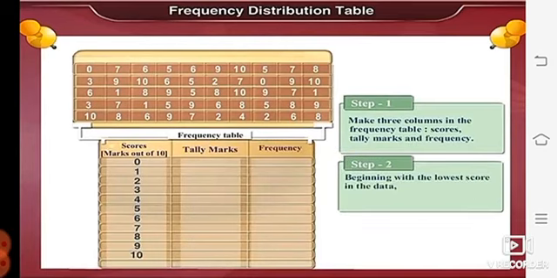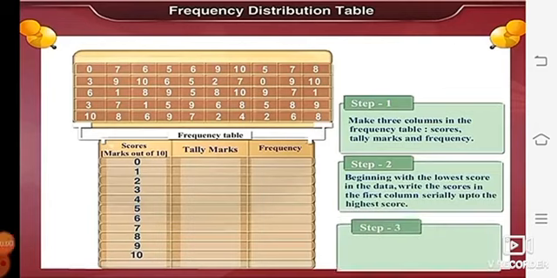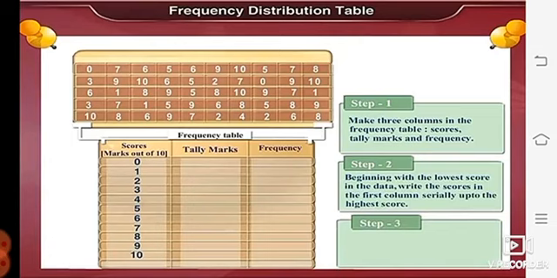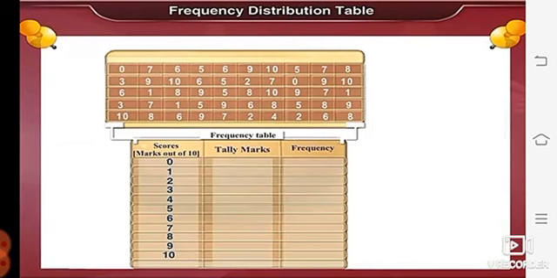Beginning with the lowest score in the data, write the scores in the first column serially up to the highest score. Now as we start reading the scores one by one, we will put a mark known as a tally mark against the number in the second column. As we read the score, we will cross it out so that it is not read again. Let us read the marks obtained in the table.